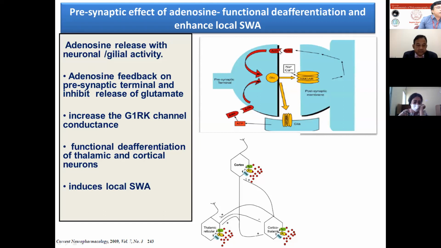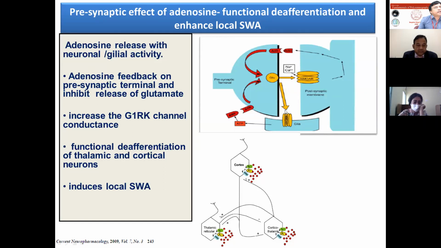adenosine acts on its presynaptic receptor and inhibits the release of glutamate. Once there is an inhibition of the release of glutamate, it increases the expression and the conductance of the potassium channels.